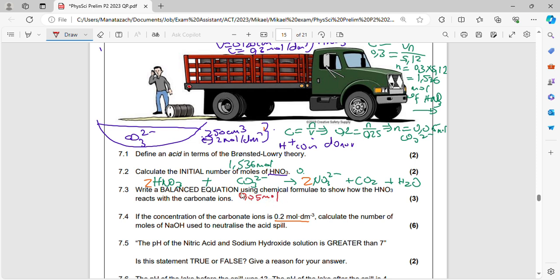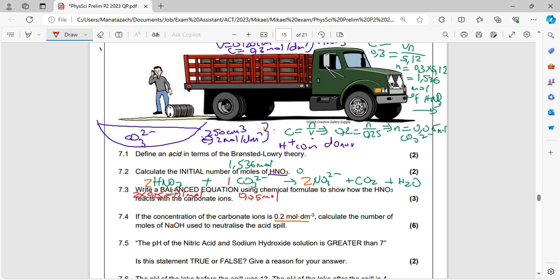Now 0.05 mole completely neutralized the excess nitric acid. How much was it? You look at the ratio of the balanced equation. You've got 1 here versus a 2. It means the corresponding number of moles for the nitric acid is going to be double, meaning it's going to be 2 times 0.05, which will give us 0.1 mole of nitric acid.